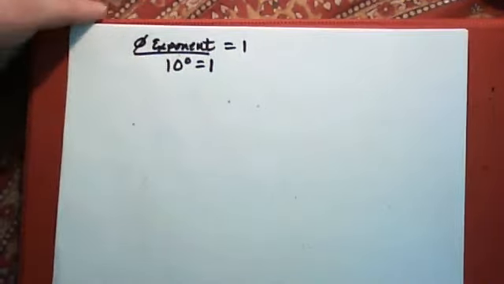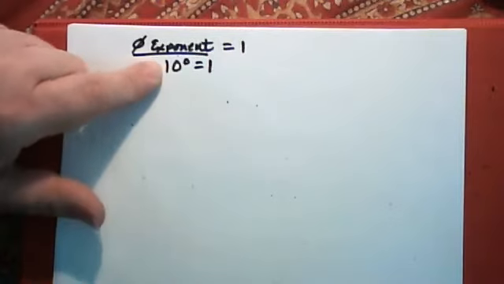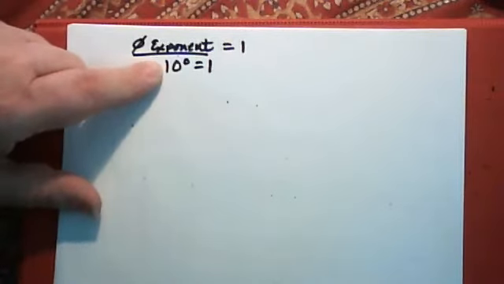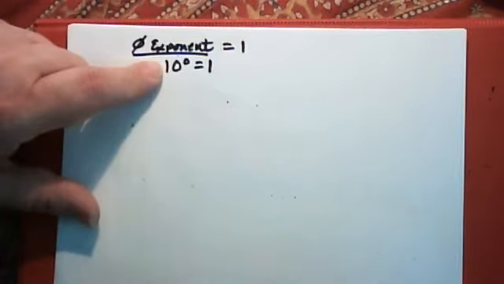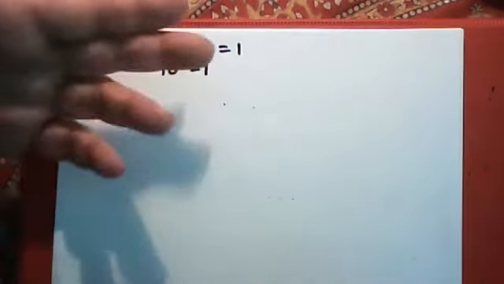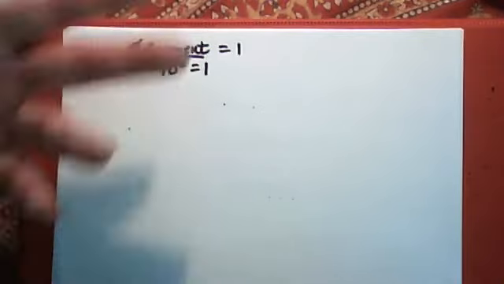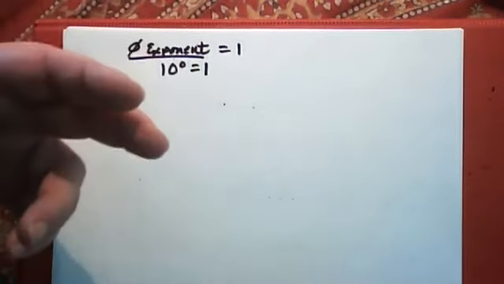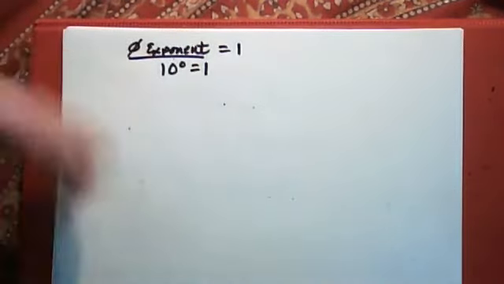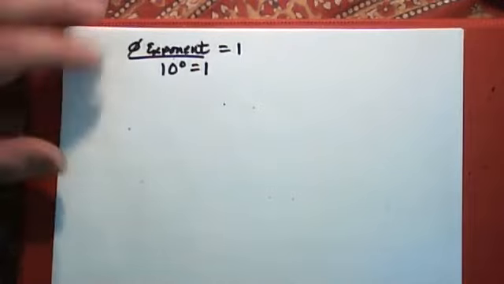And what that means is that you can multiply any number you want by 10 to the 0 power and not change its value. And that is convenient for converting from decimal to scientific notation, or scientific to decimal, as we'll see in a little while.